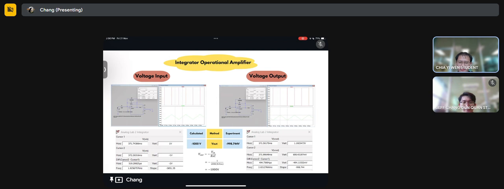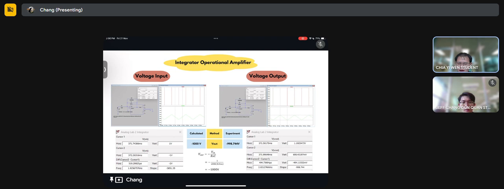From the waveform, we get the output voltage of negative 998.744 watt. For the integrator, the operational amplifier accumulates the input signal, turning a square wave into a triangular waveform and shifting a sine wave by negative 90 degree.